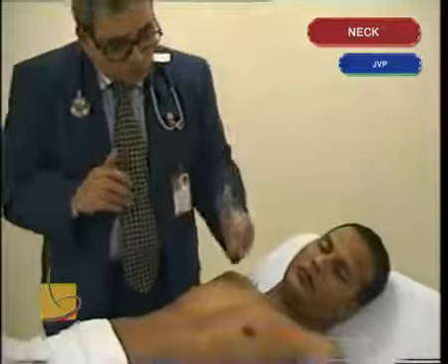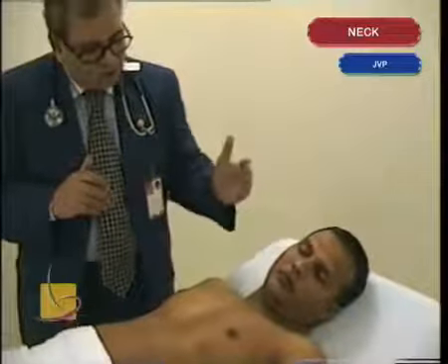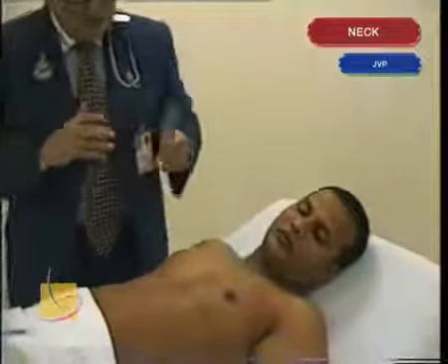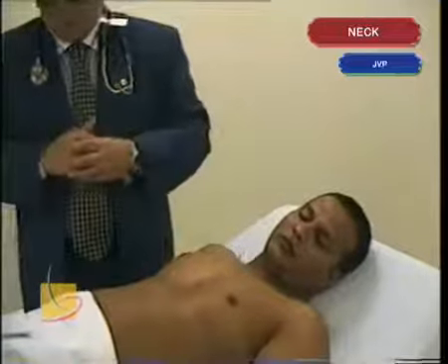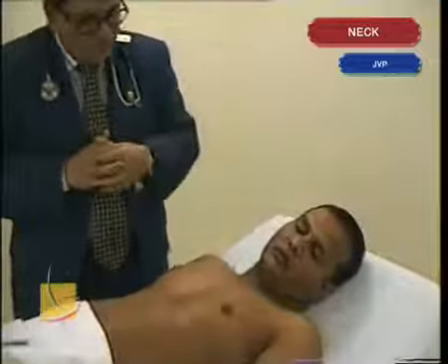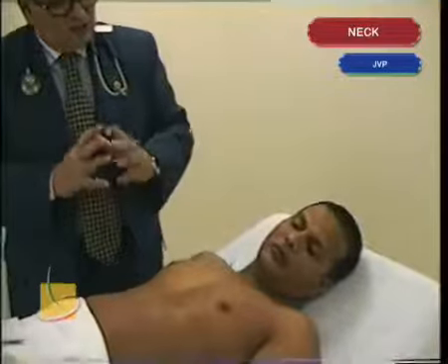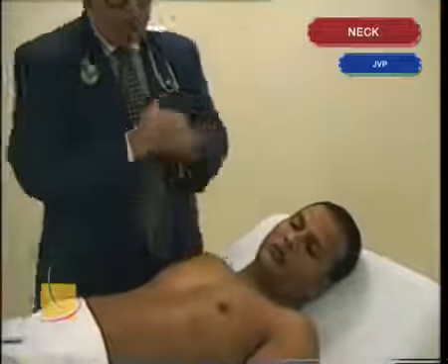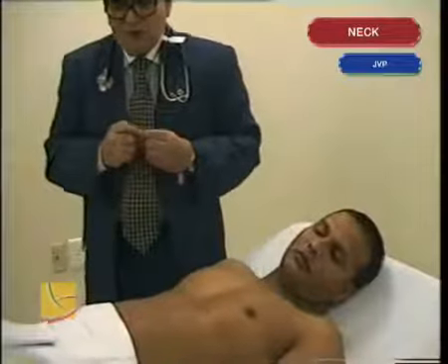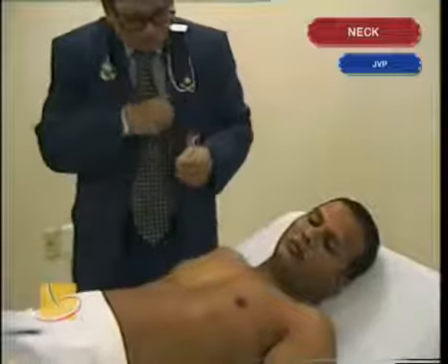If there is too much congestion, then we have to increase the inclination to be near sitting position or in sitting position to decrease the congestion and to appreciate better the waves. Let us consider that the patient is reclined at 45 degrees. How can we measure the jugular venous pressure waves?